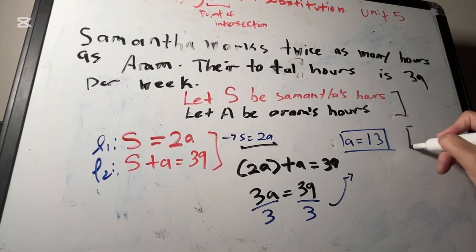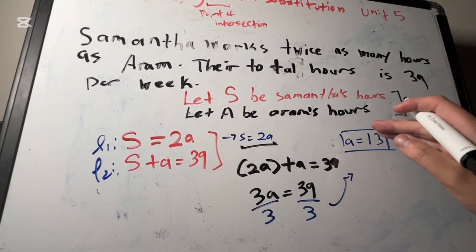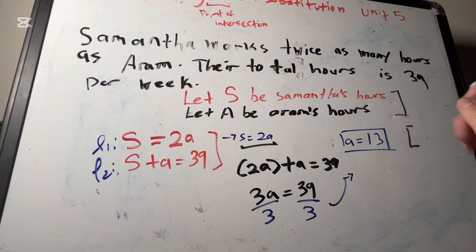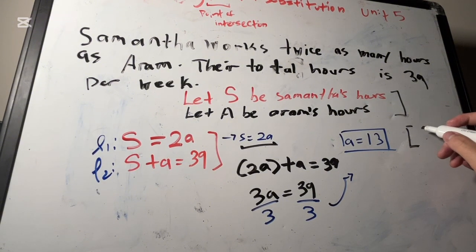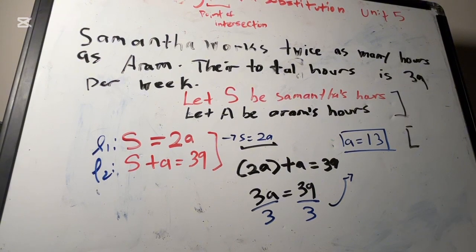What we essentially know is that the amount of hours that Aram works is 13 hours. If you were to represent this as a linear equation, then the y value of the point of intersection would be 13.